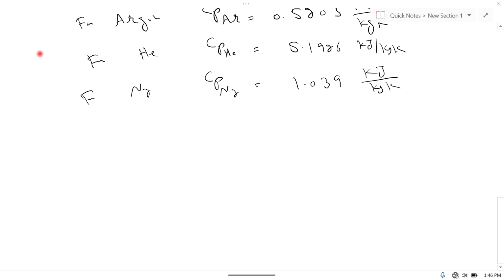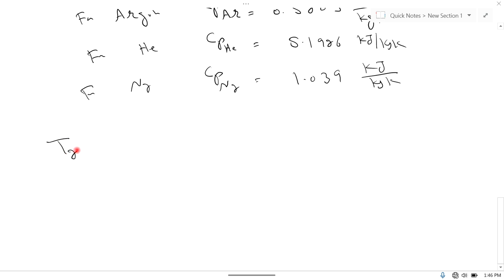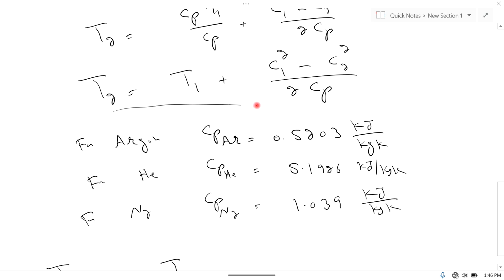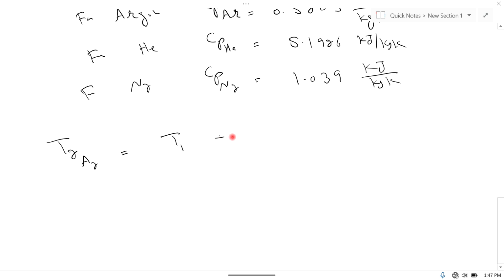So T2 for argon is equal to T1 plus C1 square minus C2 square divided by 2 Cp of argon.